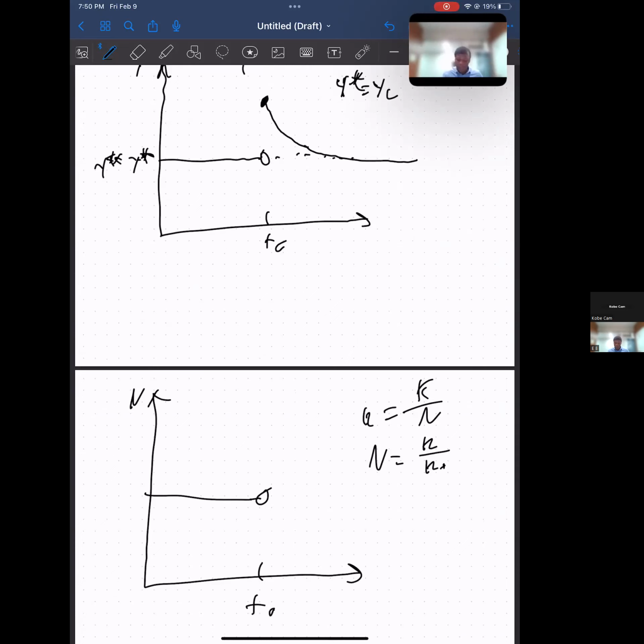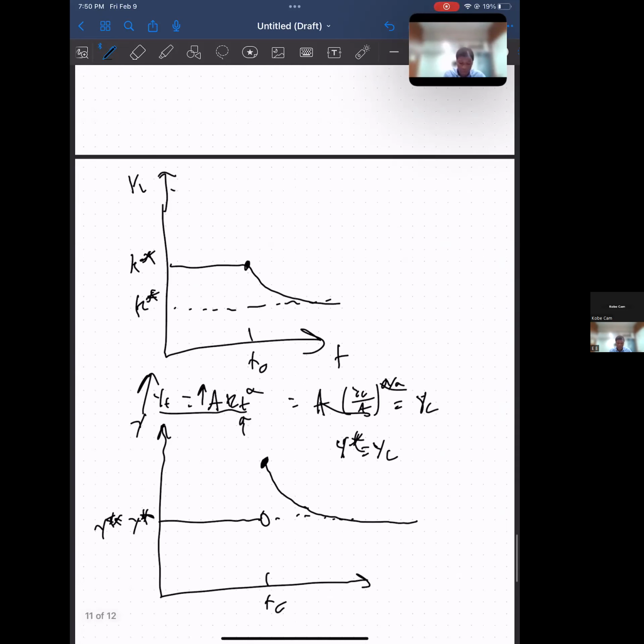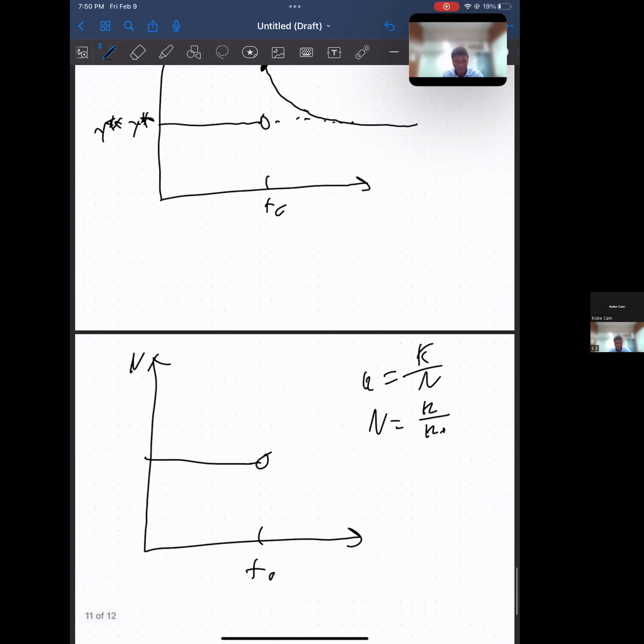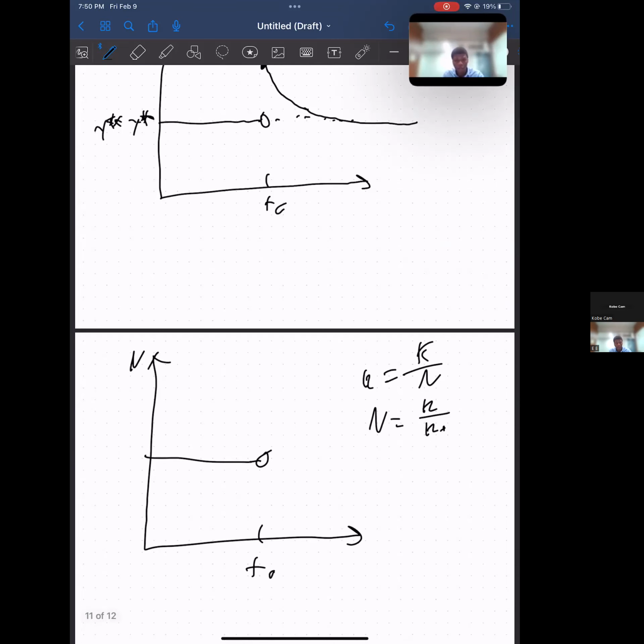If technology goes up, this brings per capita down, right? And if per capita is going down, well, then what's going to happen to N? Well, that means N is going to go up, because look, it's in the denominator. So if this goes down, this brings this entire thing up.